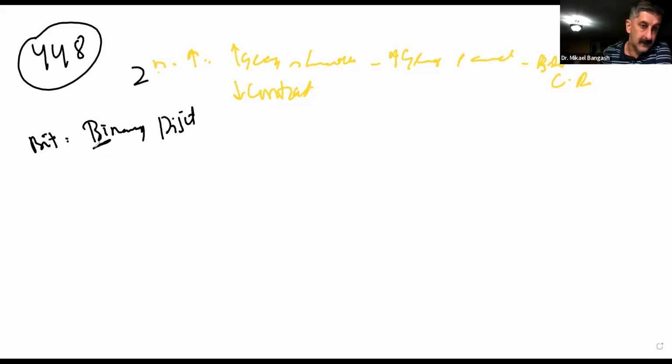This is made up of 2 digits, zeros and ones. So whenever you write something like this, this is actually 1 byte because we have 8 bits.